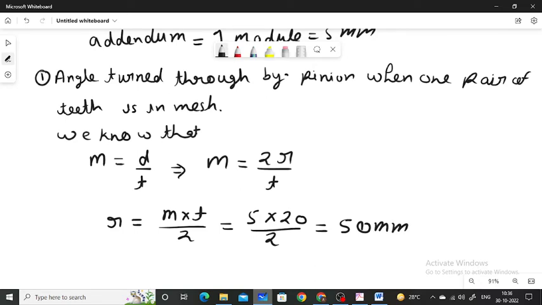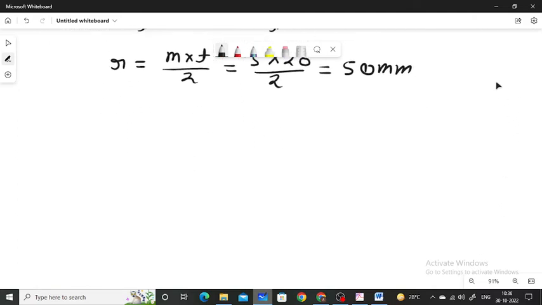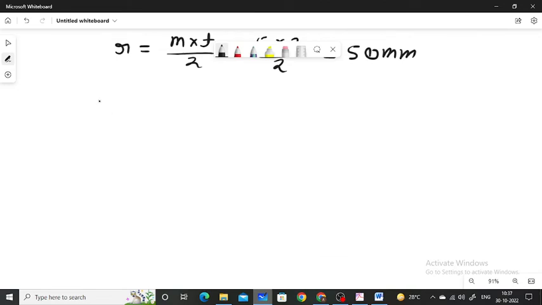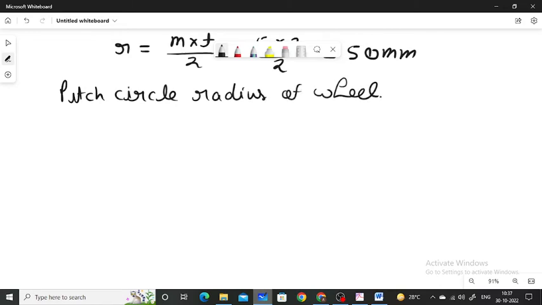Okay, and pitch circle radius of wheel, capital R is equal to M into capital T by 2.